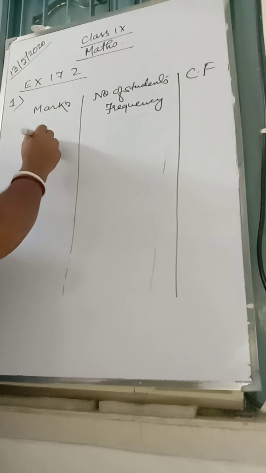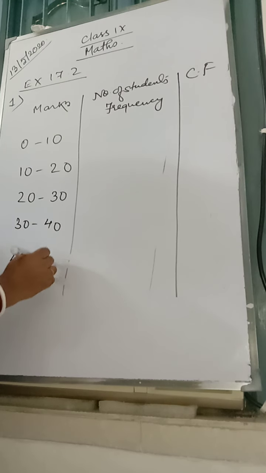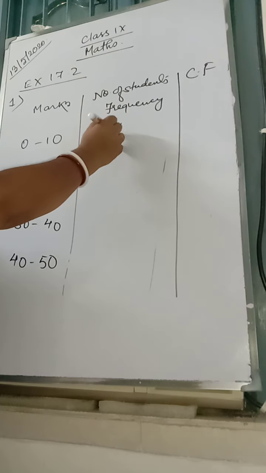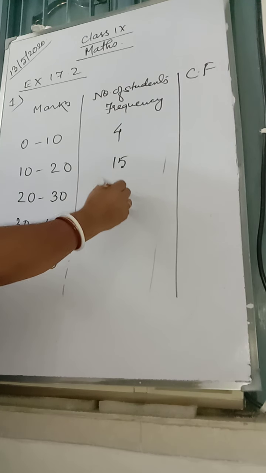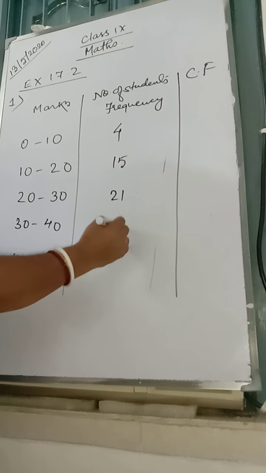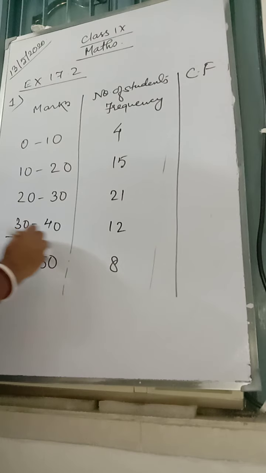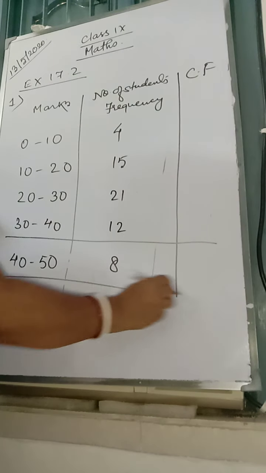First is 0 to 10, 10 to 20, 20 to 30, 30 to 40 and 40 to 50. This is 4, 15, 21, 12 and 8.